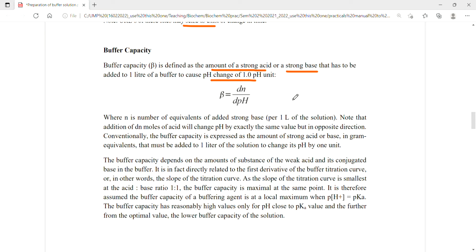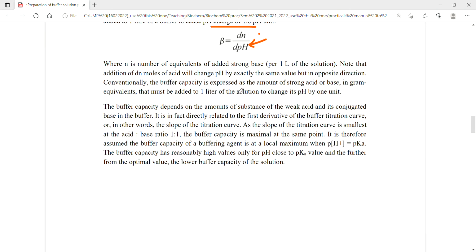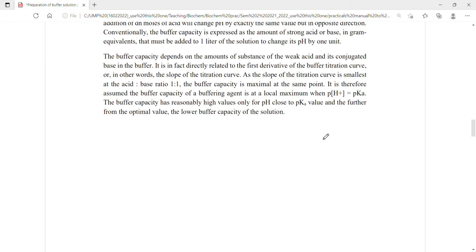So we see how much volume of this strong acid or strong base is required to move the pH exactly 1 unit. There is also a definition in terms of the changes happening to pH, but I want to draw your attention to this line.